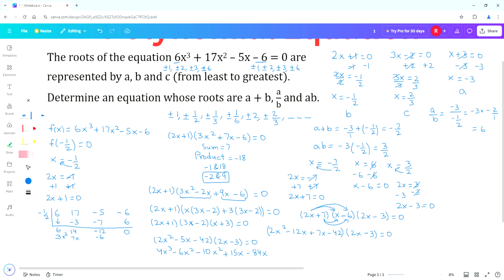Negative 42 times negative 3 is plus 126. Next, we can combine the like terms. 15x minus 84x is equal to negative 69x. This should be the final answer for the problem.